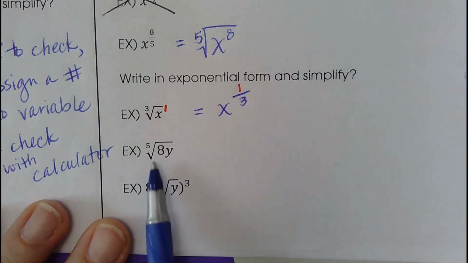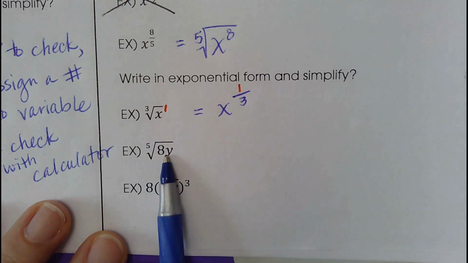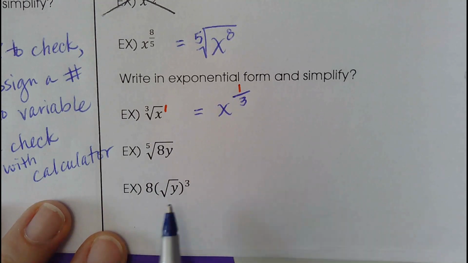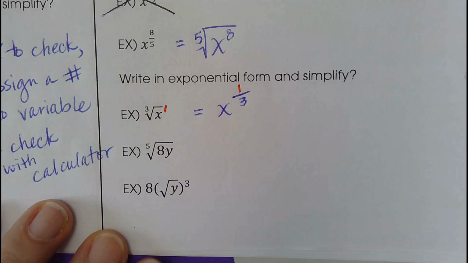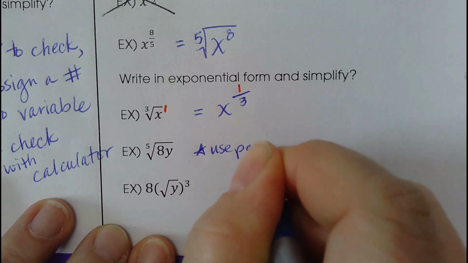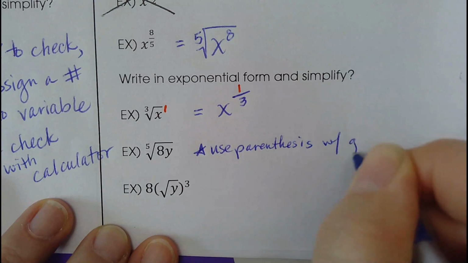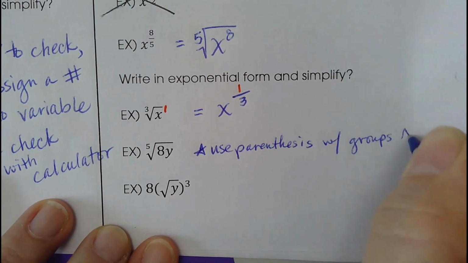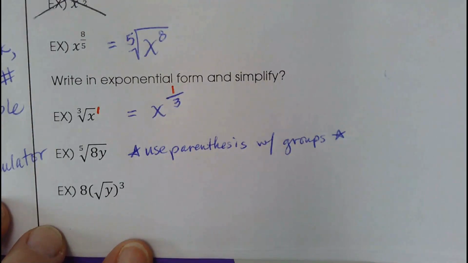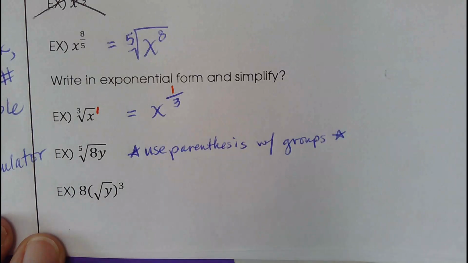When you have more than one part in the radical, I recommend using parentheses, so that when you rewrite this, use parentheses with groups. Okay, that's kind of a big deal. I have 8 and y inside this radical.